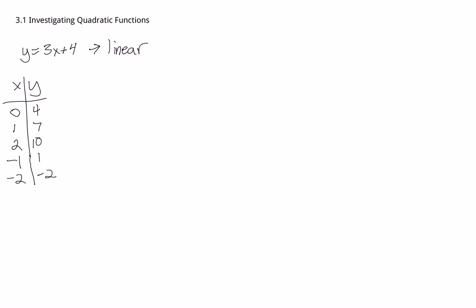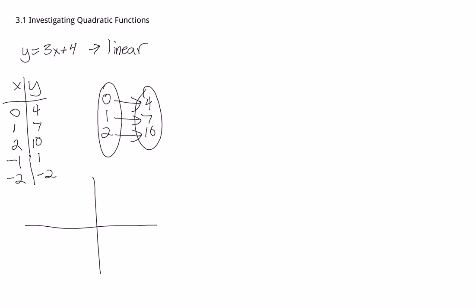So we can see that we get a pattern that looks something like that. And what that means is, as we do these x coordinates, those coordinates then would map to certain y coordinates. So for example, if I just do the first 3, we could write that as a little mapping diagram like that. Or we could actually plot the points.